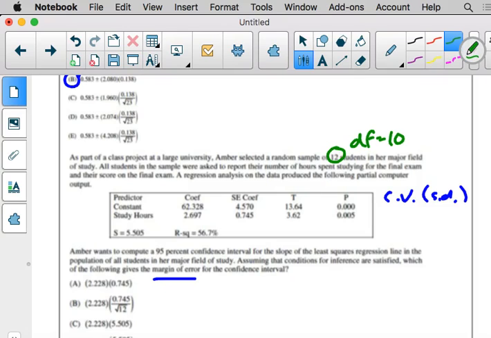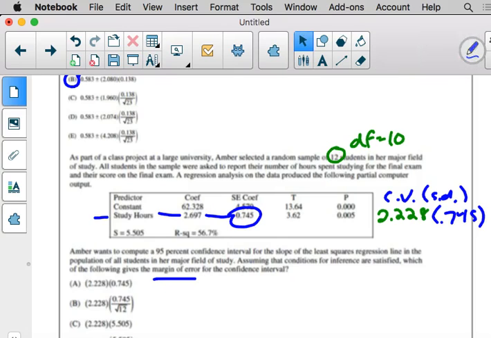So let's look that up, 95% confidence, 10 degrees of freedom. I'm getting 2.228. Then of course, here's our variable, which means here's our slope, which means here is our standard deviation. So standard deviation, 0.745, and that's going to give us our answer of A.